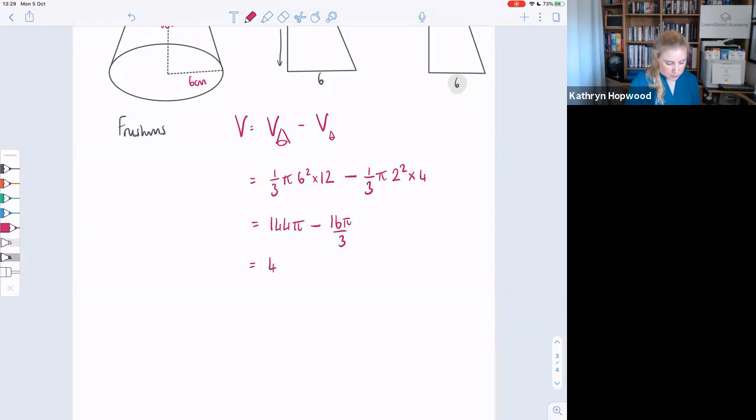And we end up with this fairly horrible number of 416 over 3 pi. But if we press S to D here, I end up with 435.6 or 436, and it will be centimeters cubed, would be the volume of that frustum.